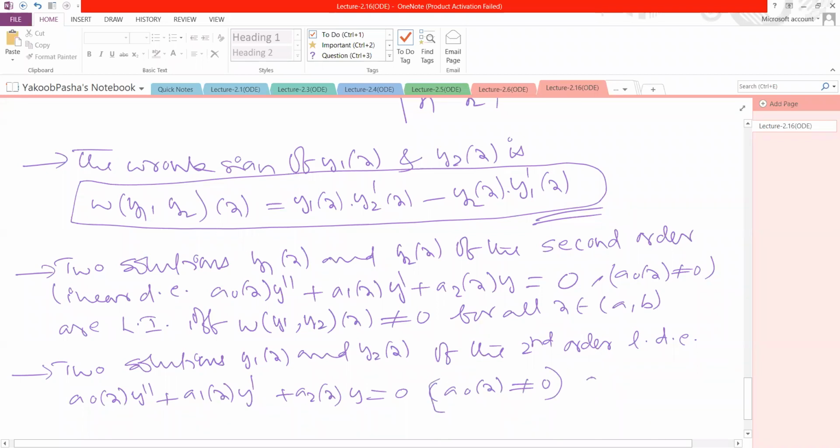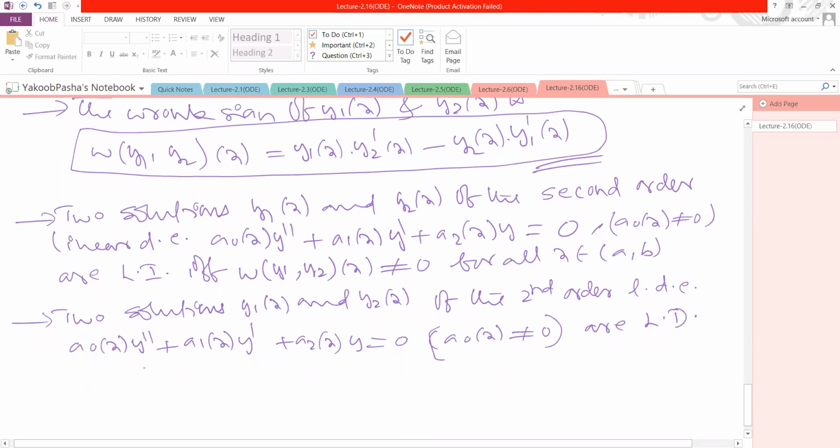Two solutions are linearly dependent if and only if the Wronskian W(y1, y2)(x) is equal to 0 for some x belongs to open interval a comma b.